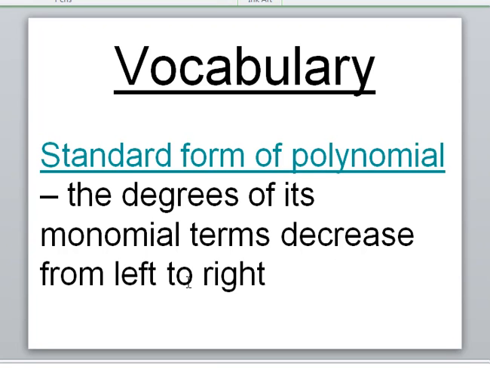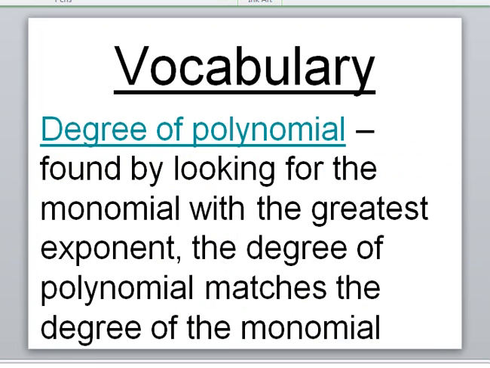An example would be x cubed plus 2x squared plus x plus 5. All of these single terms, all of these monomials, the degree is decreasing from left to right. The degree of the polynomial is found by looking for the monomial with the greatest exponent.